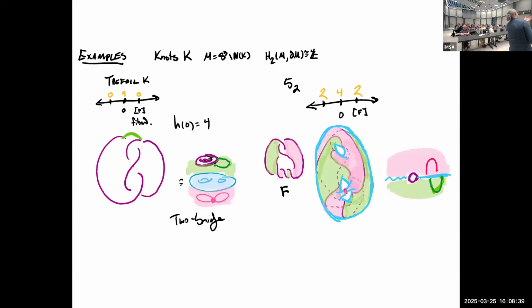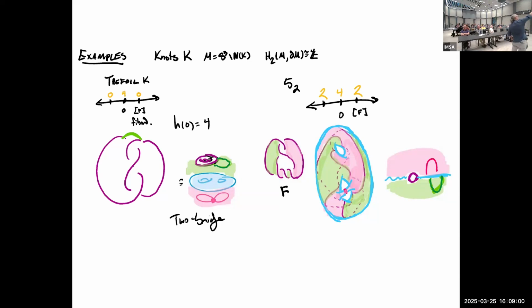Two simple examples, which are too simple, because when you're looking at the exterior of a knot, the second homology is just one-dimensional. So you don't really see much of this polyhedral structure. We have the 0 class, which comes from the tunnel number, where we can see what the handle number is.